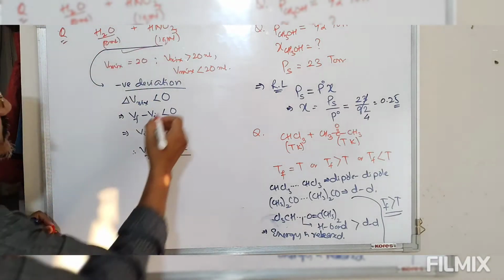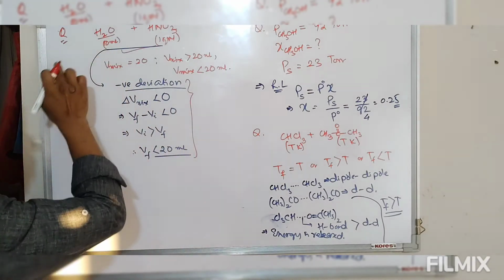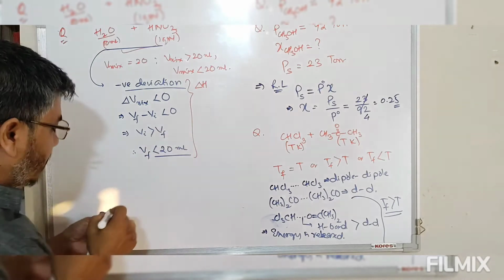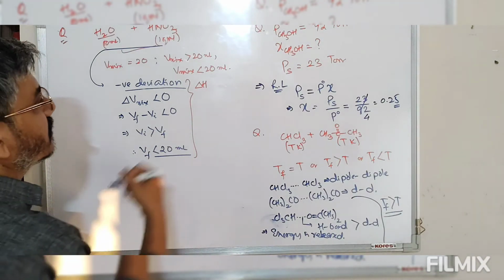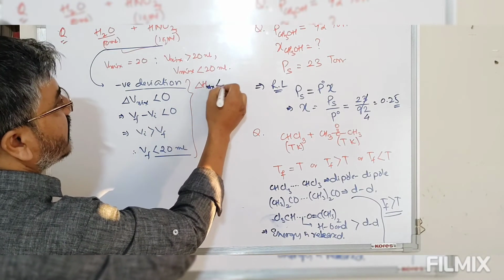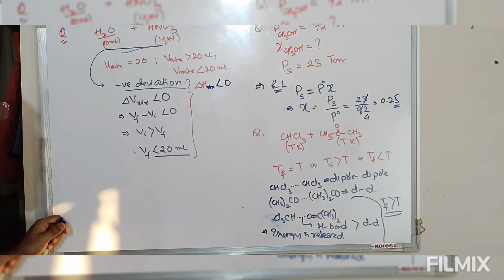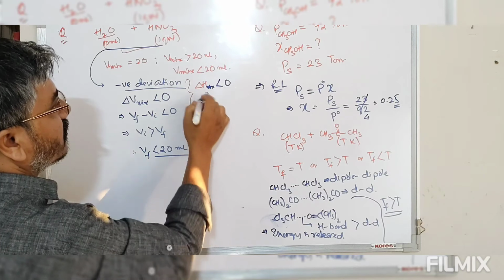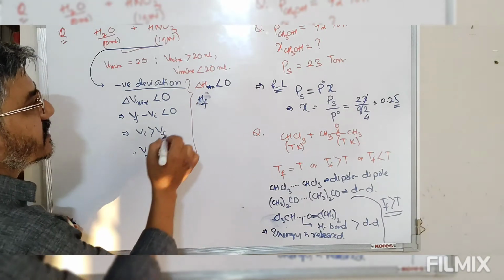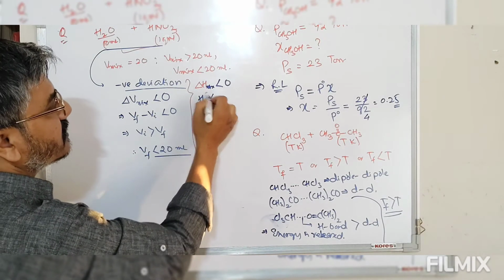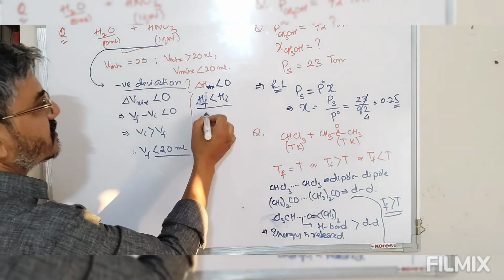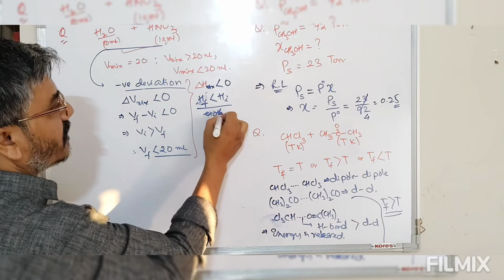Now for the same question, since this is forming negative deviation, the enthalpy change, delta H mixing, will also be less than 0. That means the enthalpy of the final state after mixing is less than the initial enthalpy, so the process is exothermic.